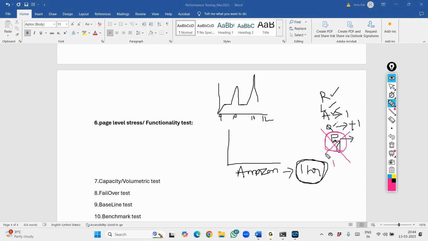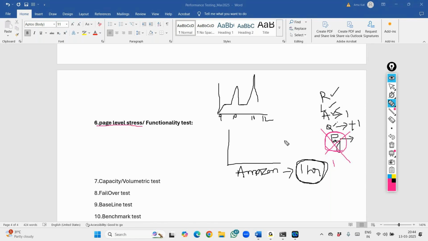Even if you're following any Telegram channels, they will be posting some sort of deals. But if there is a deal for 2 to 5 minutes and you try to do the payment, definitely your payment is going to fail, because during that period the payment functionality is going to face more stress. So that is called page level stress.